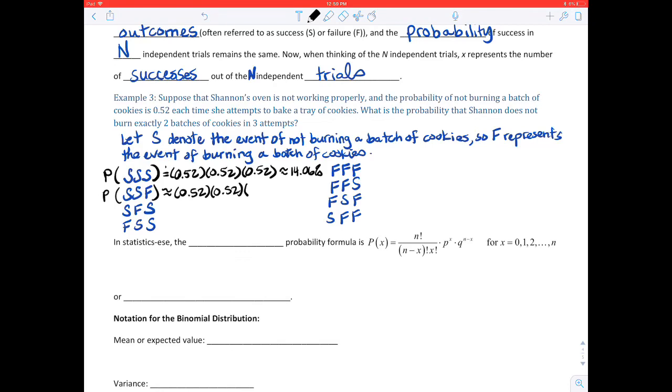Probability of a failure is going to have to be equal to 1 minus the probability of a success, right? Which would be 1 minus 0.52, which is 0.48. So we'd have this situation here. And why don't you try to figure out the rest of them? And then check yourself and see if you're right.